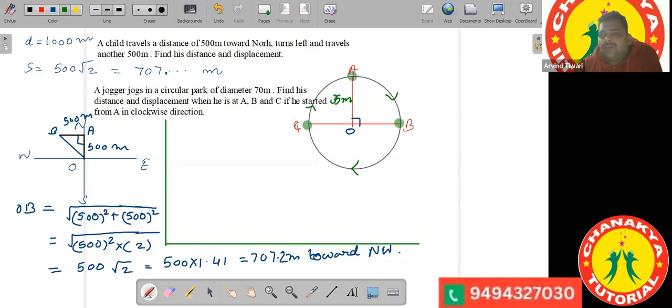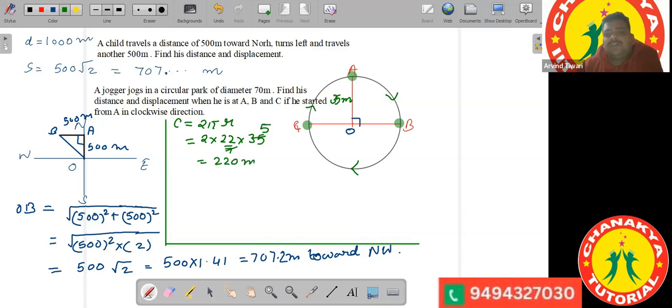To find the arc AB, we need to compute the complete circumference, which is equal to 2 pi r. So 2 times pi, which is 22 over 7, multiplied by radius 35. 7 into 5 times 35, and you get 220 meter.